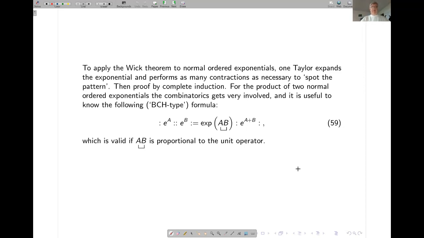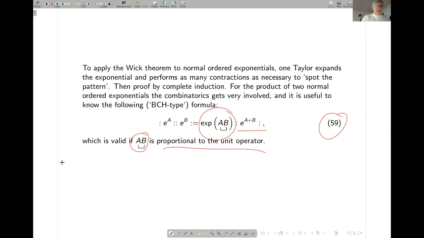But to make your life a bit easier, I give you in 59 a formula, which is of the Baker-Campbell-Hausdorff or BCH type, which says if the contraction or singular part of an OPE is proportional to the unit operator, then the product of two normal ordered exponentials e to the a, e to the b is a normal ordered exponential e to the a plus b with a coefficient which is the exponential of the contraction. So this formula is given for you as a shortcut to make your life a bit easier.